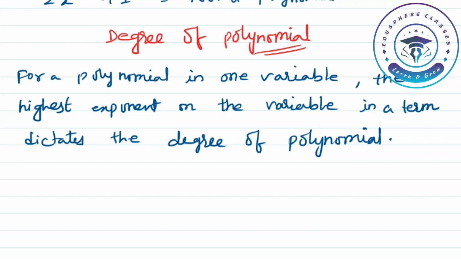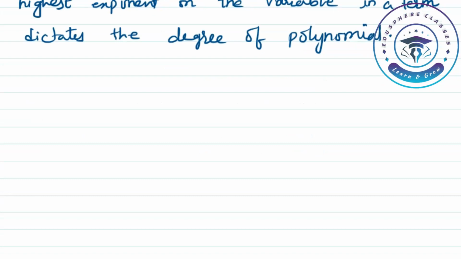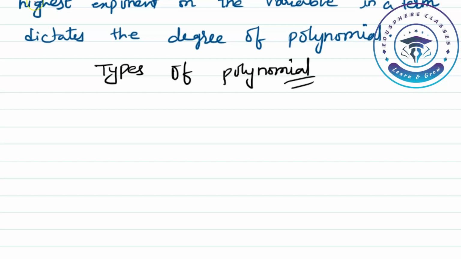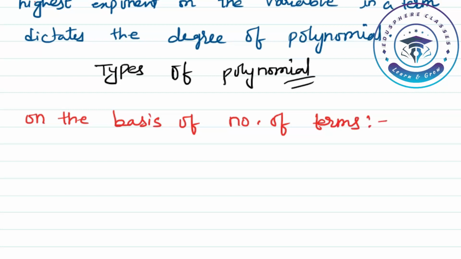Now let's come to types of polynomials. We categorize polynomials on two bases. First is on the basis of number of terms.